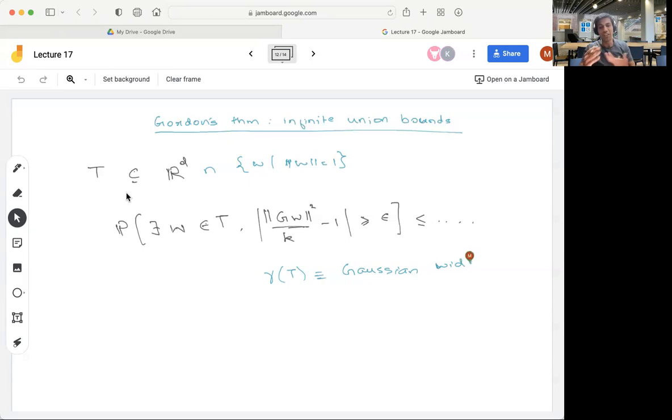And you can obtain bounds in terms of this rather than the size of the set, or log of the size of the set. And there are infinite sets for which you can still obtain very interesting bounds on the Gaussian width, which are finite and simple functions of the dimension.